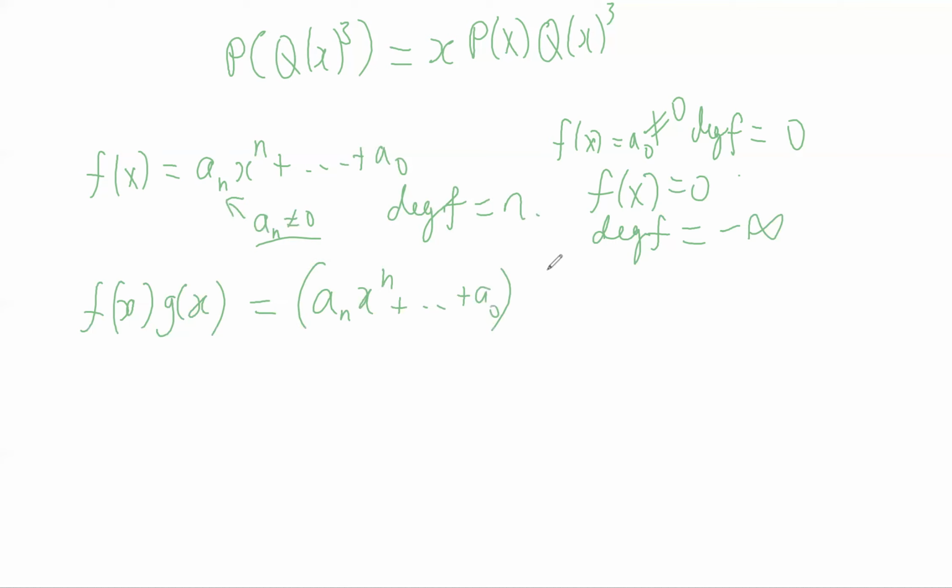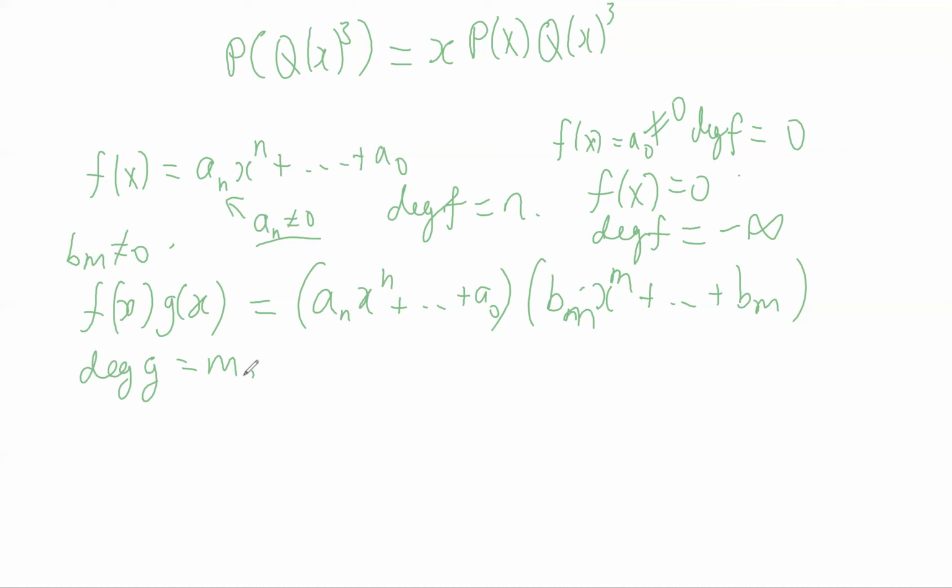What if the g part was b_m? If b_m is not 0, then the degree of g is just m.